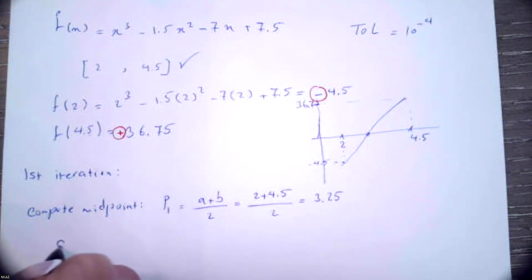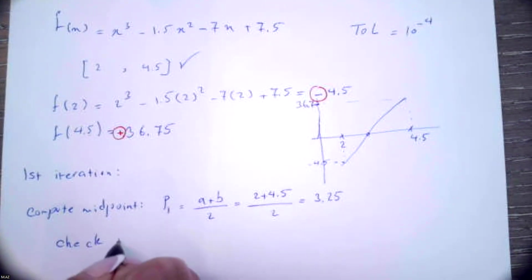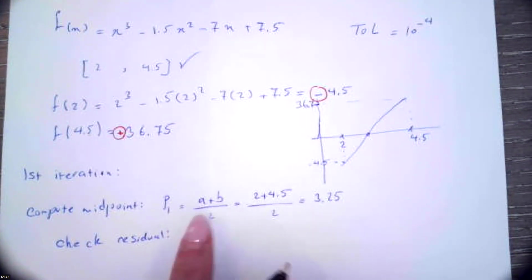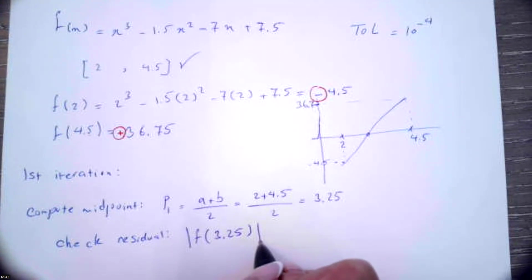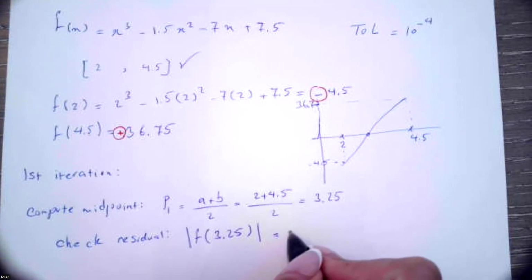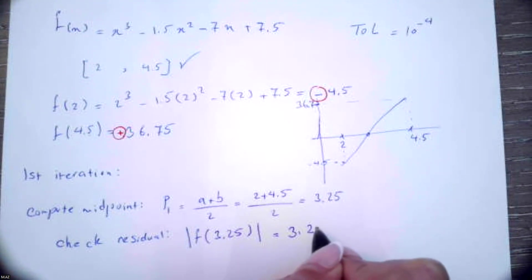Now we check the residual at the first midpoint. The value of the function at this point, meaning 3.25, is 3.234.